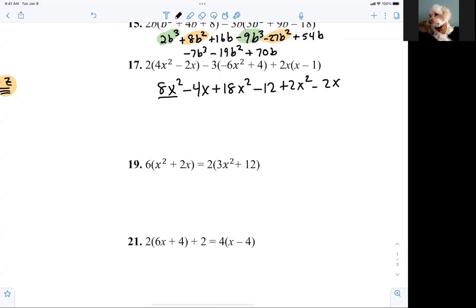And then it's 28x squared, good. And then minus 18x. Minus 4x, negative 6x, then minus 4.